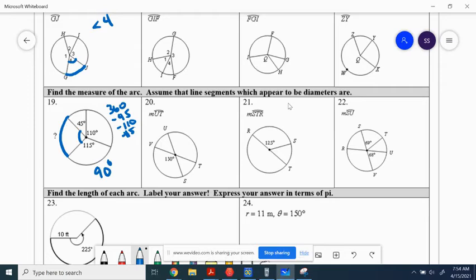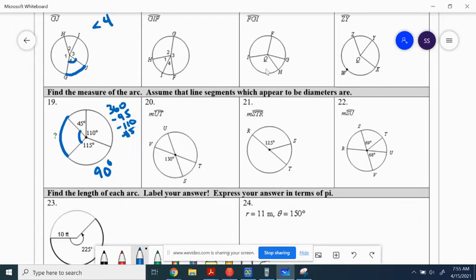All right, 20. We need to find the measure of arc UT. So that's right there. And we should be able to figure this out through our knowledge of vertical angles. So if this angle right here is 130, we know that this is 130, which also means that this arc measure is 130 degrees as well.